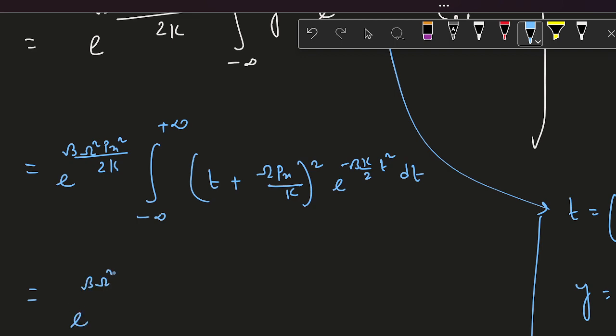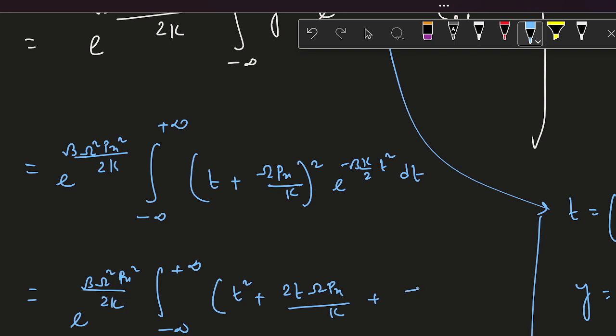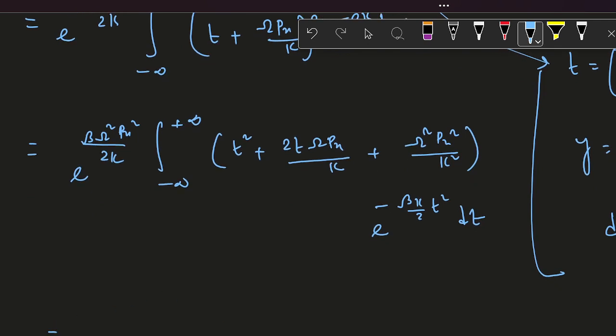So by solving this, you know that you have to again break it down to t squared plus 2t omega px by k, a plus b whole squared, so it is omega squared px squared by k squared, into e to the power minus beta k by 2 t squared dt. Now if you look at each of the terms carefully, it is just a constant term into, now break each of the terms separately.